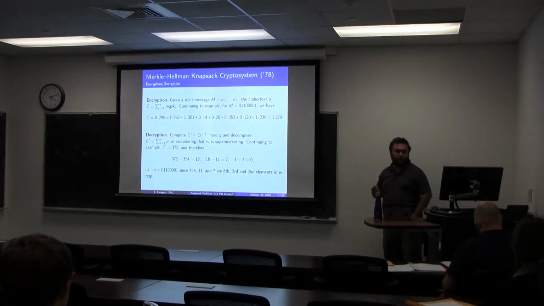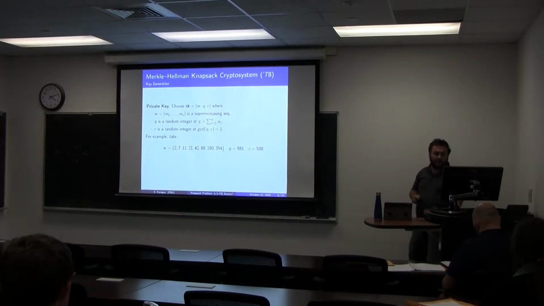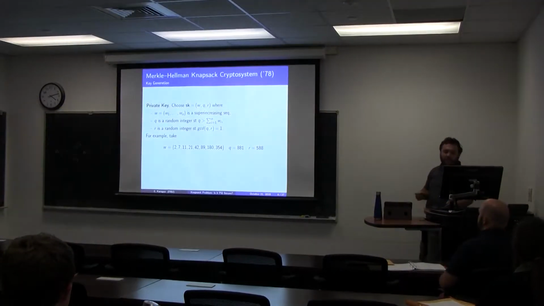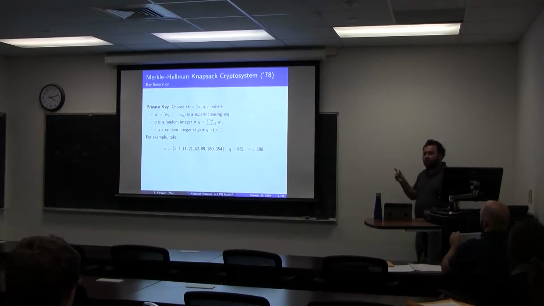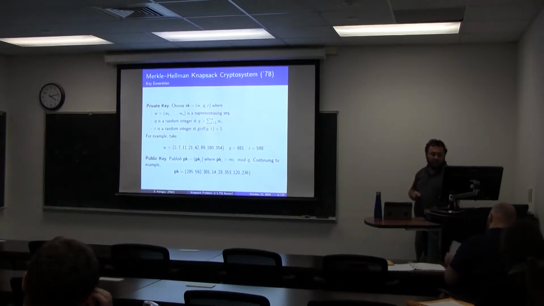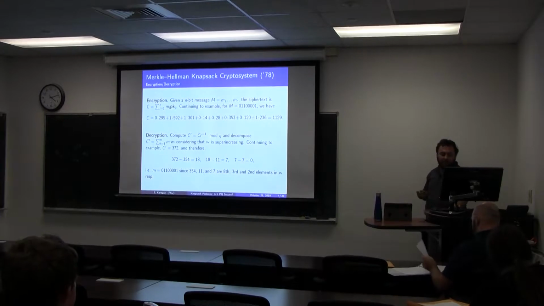For example, we can subtract the last element, 354, from 372. We get 18. We cannot subtract the other elements, 180, 89, 42 or 21 from 18, because these numbers are bigger than 18, so we cannot subtract, okay? But we can subtract 11, and we can subtract 7.